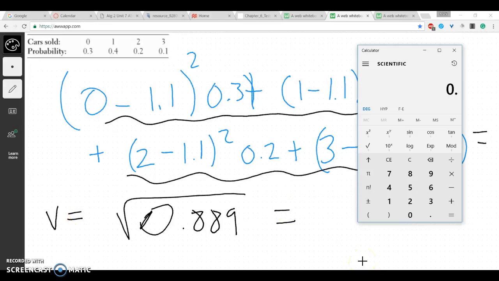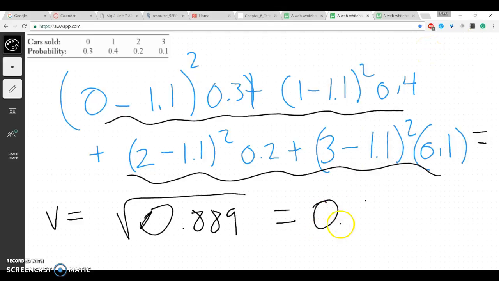So its standard deviation would be 0.943. Okay. So that's how you compute its standard deviation and variance. You get its variance, then you take its square root and get the standard deviation.